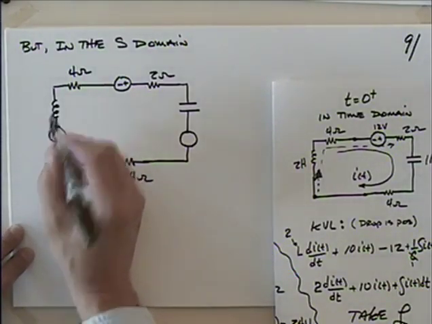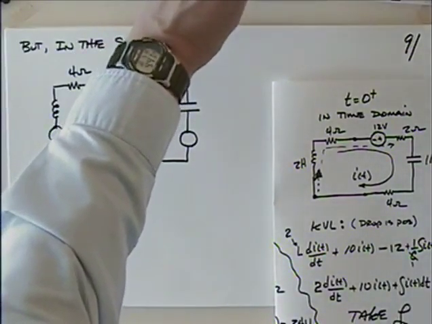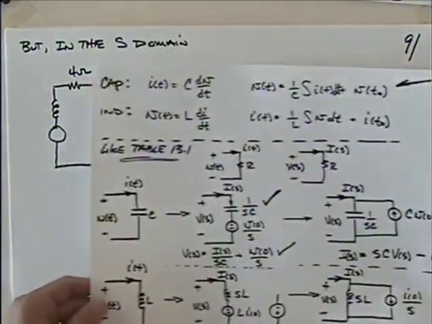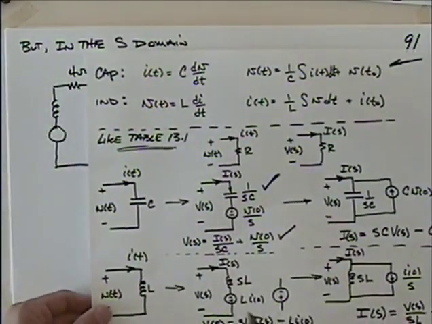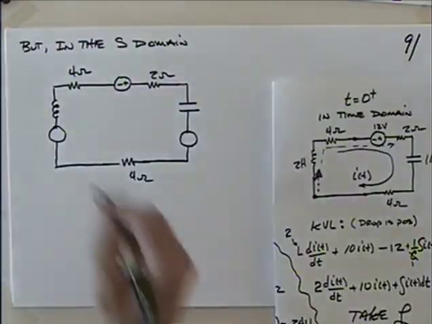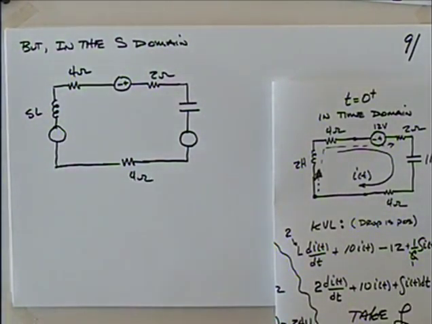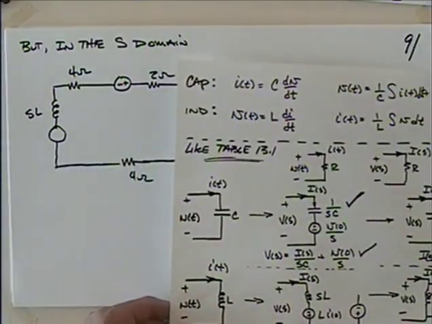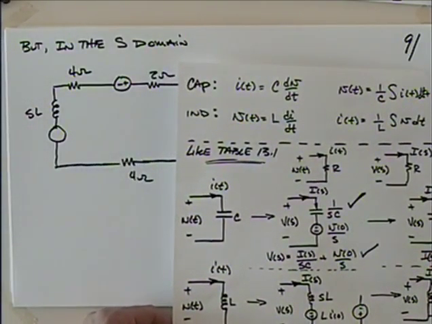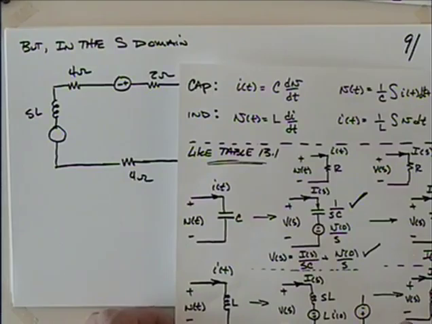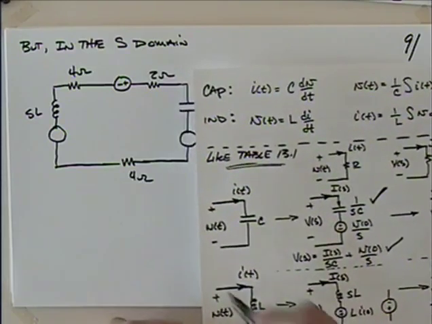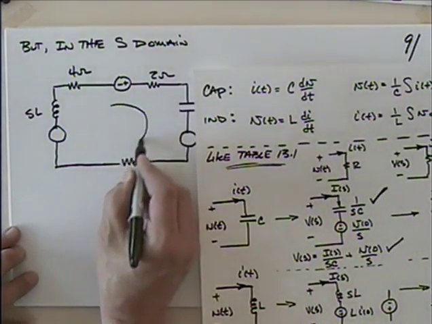This inductor, what does an inductor look like? We'll go back to our cheat sheet here. Yeah, sL, right? So I've got sL. And then what's the voltage source? We're told that voltage source is going to be, yeah, but I'd like my current to go like this.